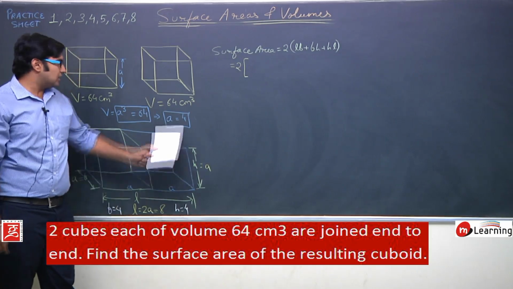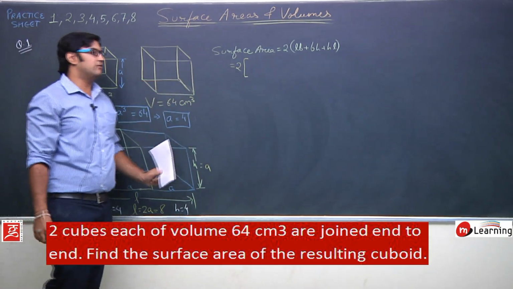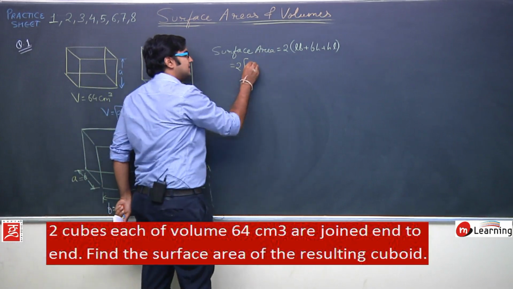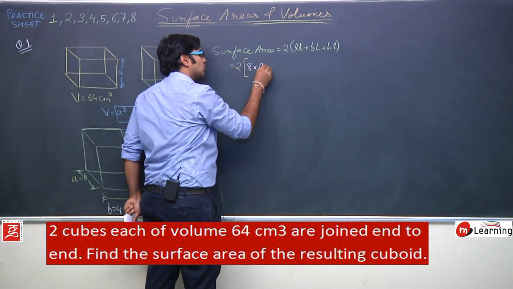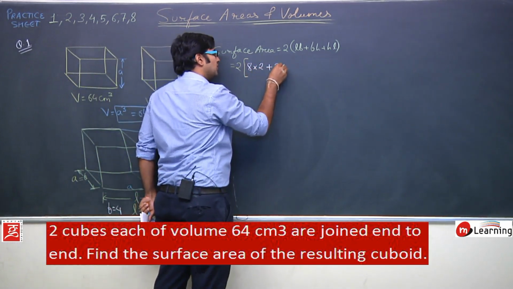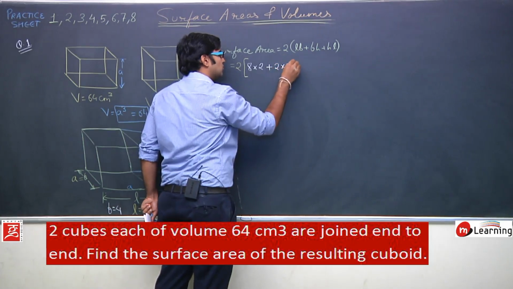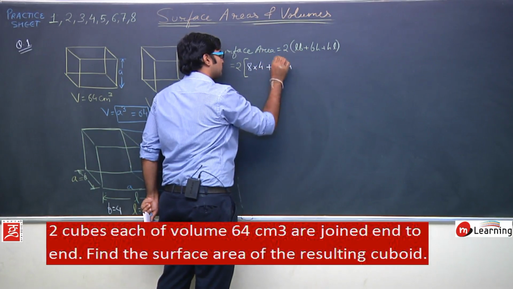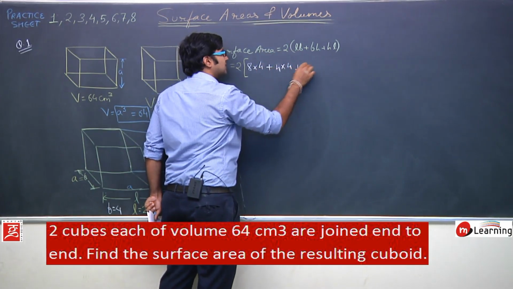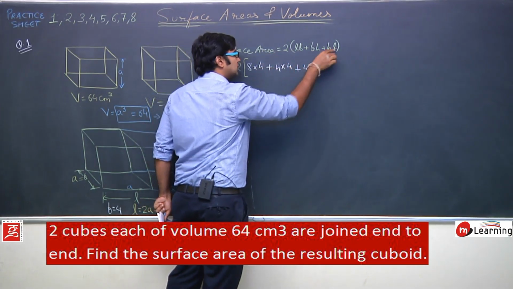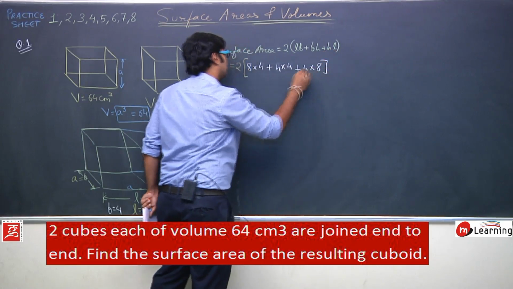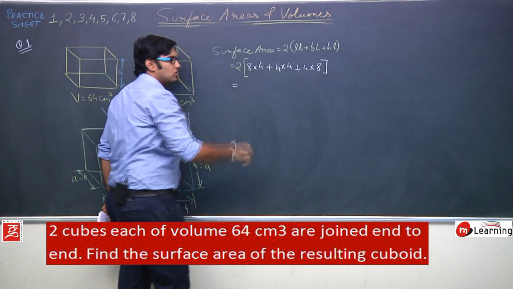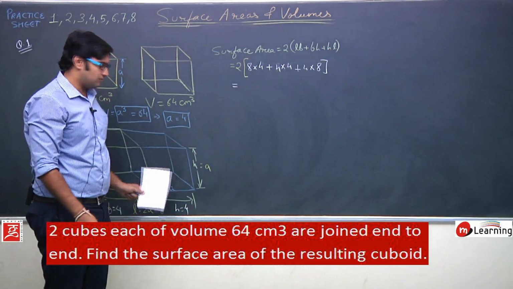So the surface area of this cuboid will be 2 times (L into B, 8 into 4, plus B into height, 4 into 4, plus height 4 into length 8). Just calculate this value and you will get the final surface area.